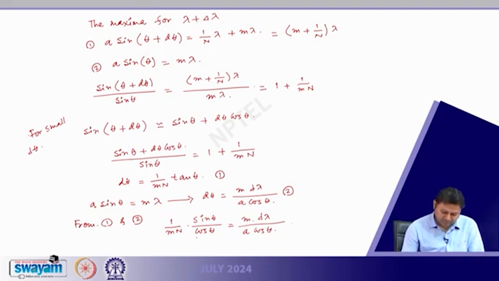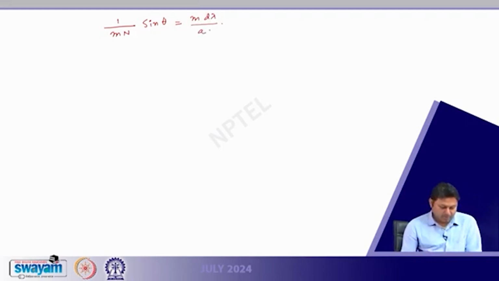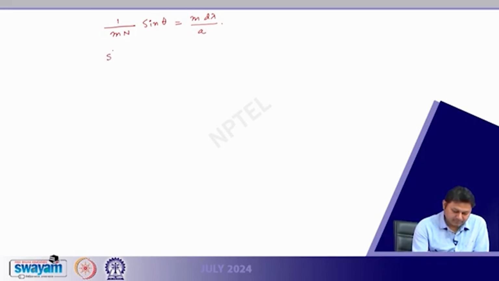Cos theta we are going to cancel out, and eventually I have 1 by m N sin theta is equal to m d lambda by A, where sin theta again is m lambda divided by A from the condition.